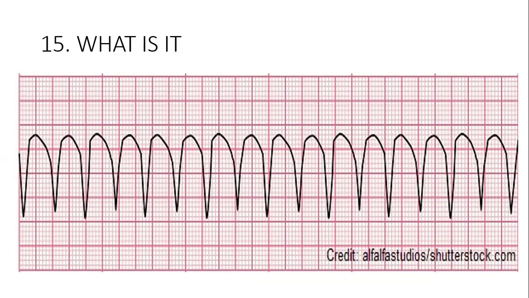What are you going to do? They're going to need defib. And what if they do have a pulse? We use cardioversion. Right, cardioversion is the big thing with stable VTAC versus unstable.